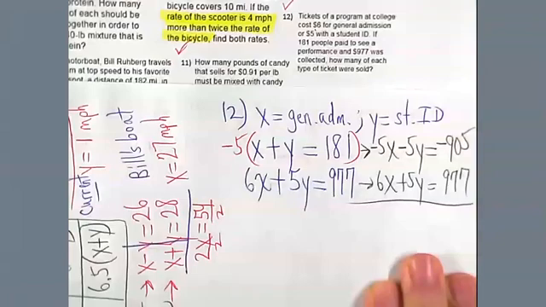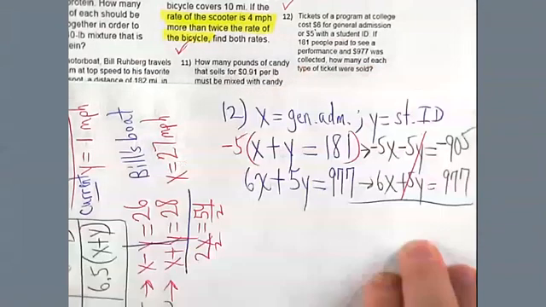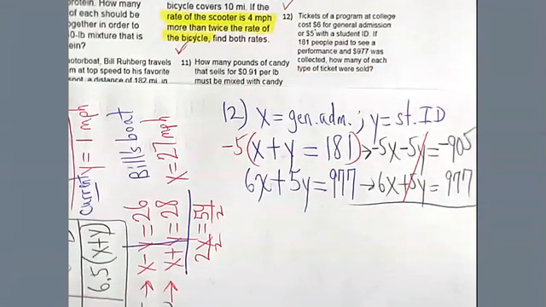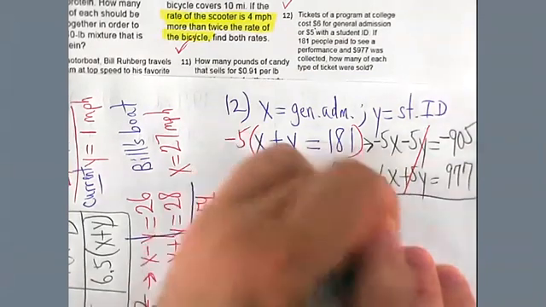Now we can cancel out or eliminate the 5y's. If you had chosen the x's, you'll find the y value first, but you'll get the same correct number of tickets. So when we combine what's left, we end up with x equal to 72.